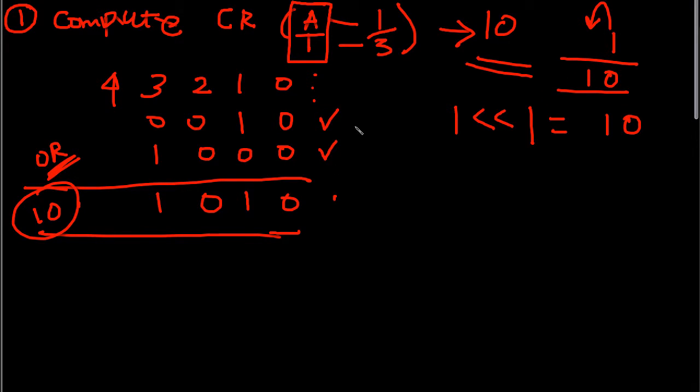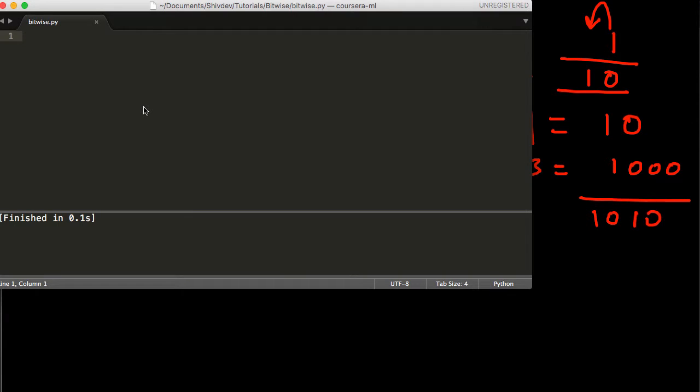So that's how I get this. Now if I wanted this, I would then left shift 1 by 3, and then I would end up with 1, 0, 0, 0. And then when I OR these two, I would get a 1, 0, 1, 0.